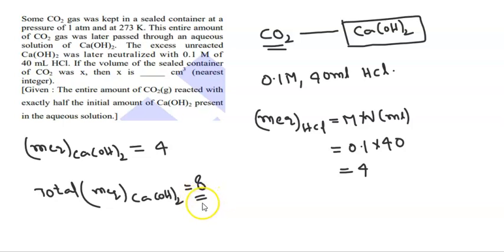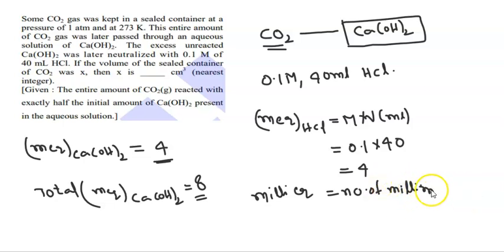Total 8. Out of 8 milliequivalents, 4 reacted with the HCl, 4 reacted with the CO2. So here we know that milliequivalents is equal to number of millimoles into n factor.